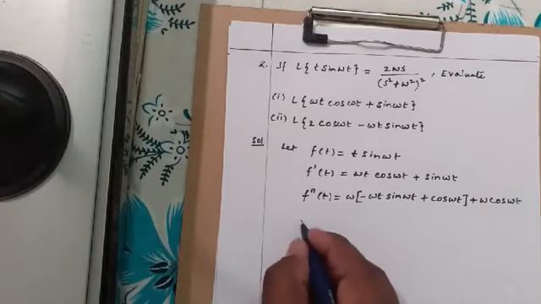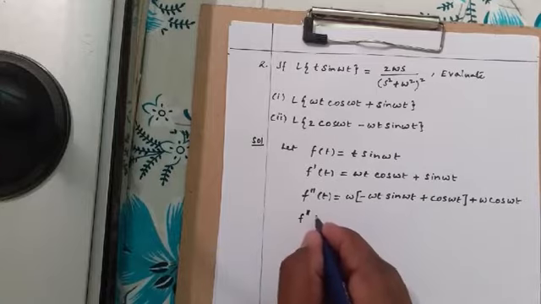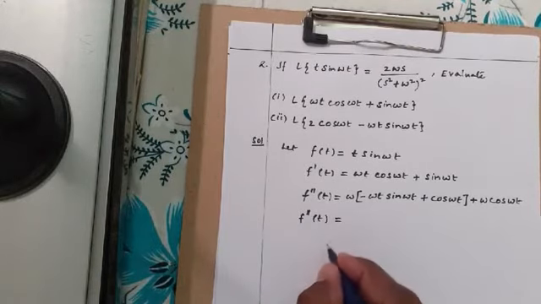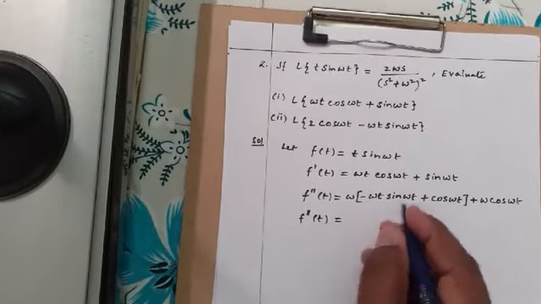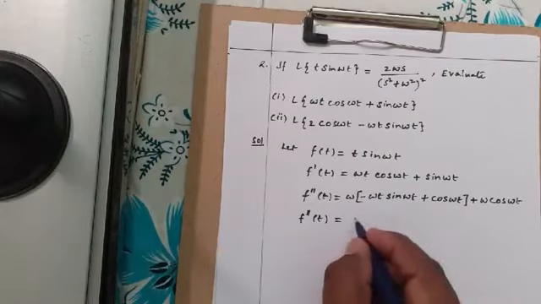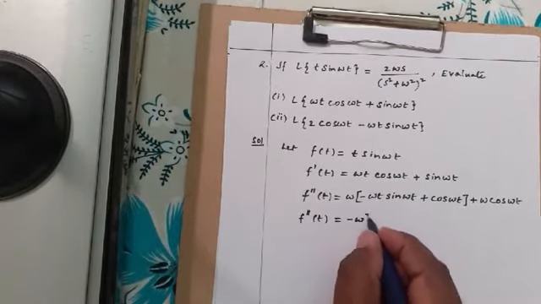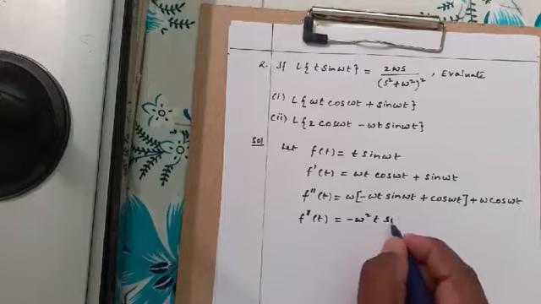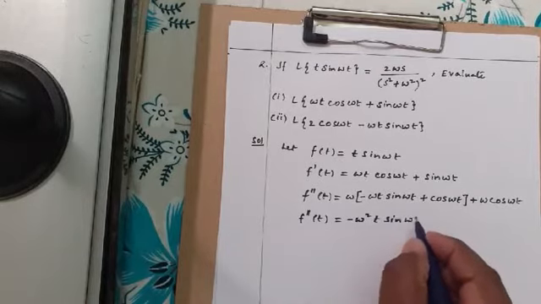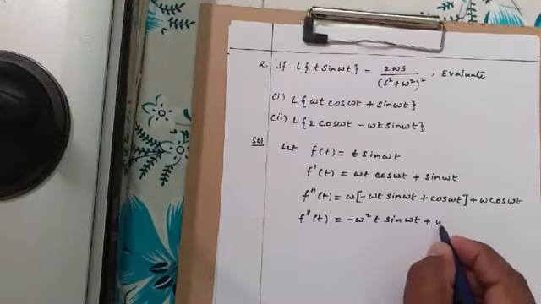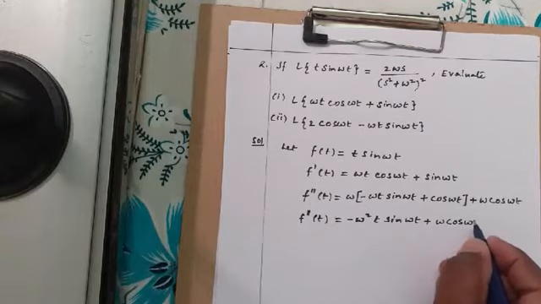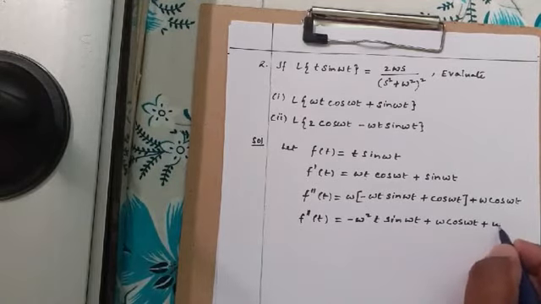So after differentiating, if you simplify and write this, f double dash of t is equal to, now when you multiply this, you get minus omega square t sine omega t, then plus omega cos omega t plus omega cos omega t.